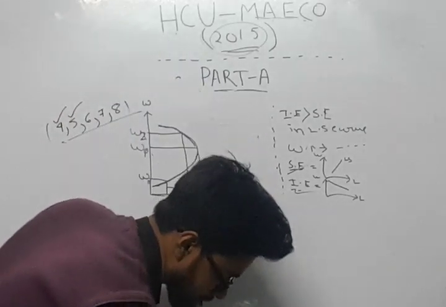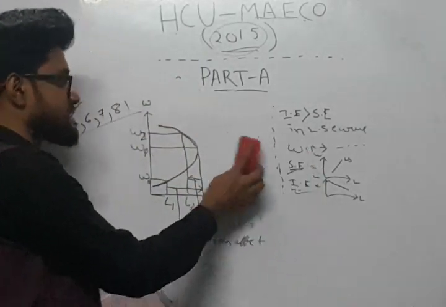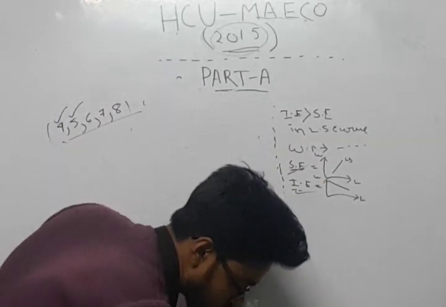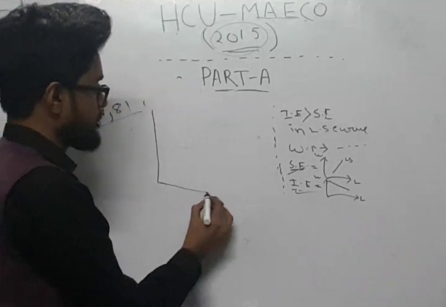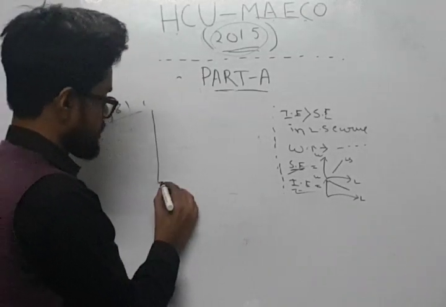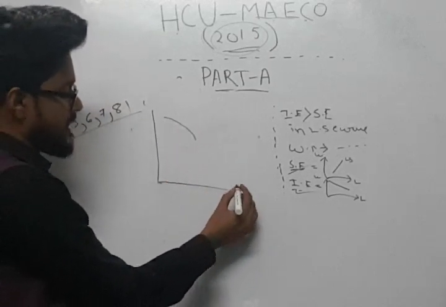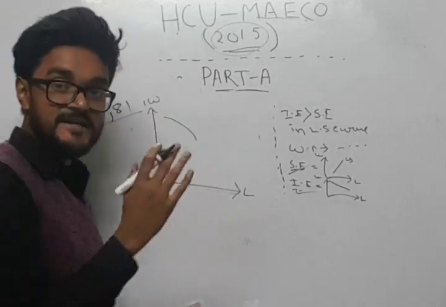So here the income effect dominates substitution effect. When income effect dominates, the first and foremost thing is we are lying on this position of the labor supply curve. So it is negatively sloped.